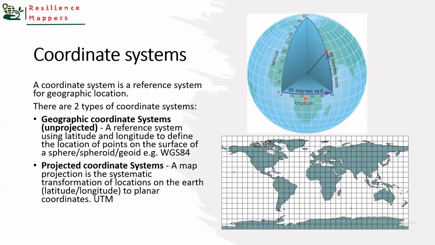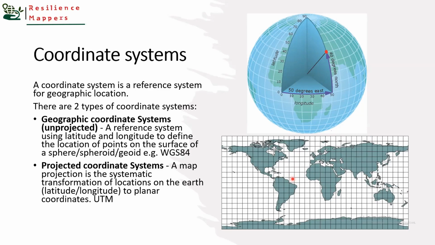So usually you project that sphere of the real world onto a flat surface, as you can see here. There are very many parameters or ways of transforming the sphere onto a planar surface.